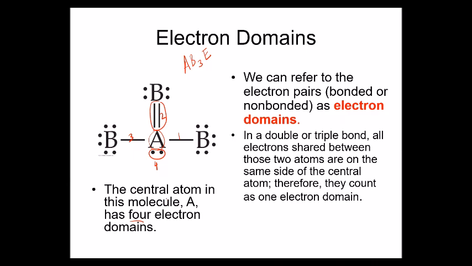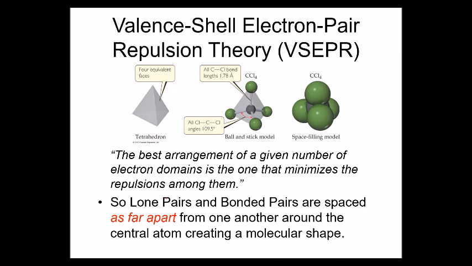And that's because of the Valence-Shell Electron-Pair Repulsion theory, or VSEPR. The best arrangement of a given number of electron domains is the one that minimizes the repulsions between them. So why are they spacing out around the central atom at as far a distance as they can get? It's because of these electron repulsions, negative repelling negative.